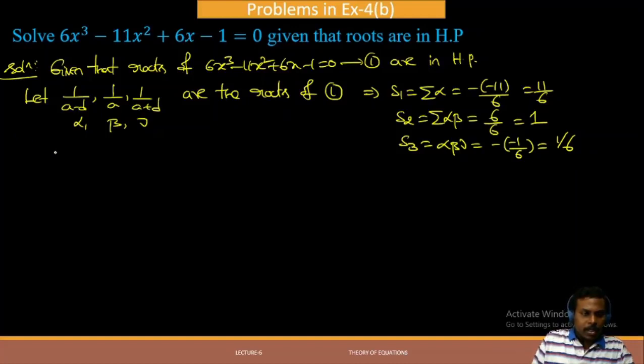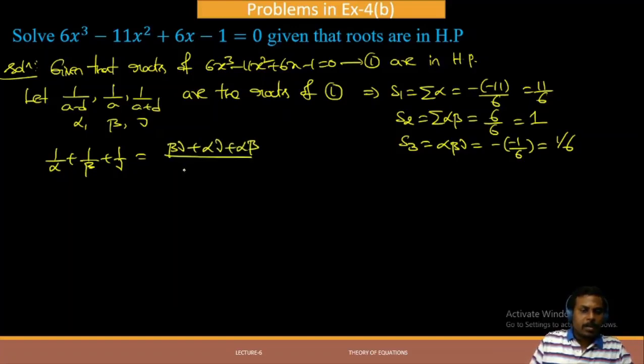Now consider this quantity 1 by alpha plus 1 by beta plus 1 by gamma, that is equal to beta gamma plus gamma alpha plus alpha beta divided by alpha beta gamma, that is equal to S2 divided by S3.